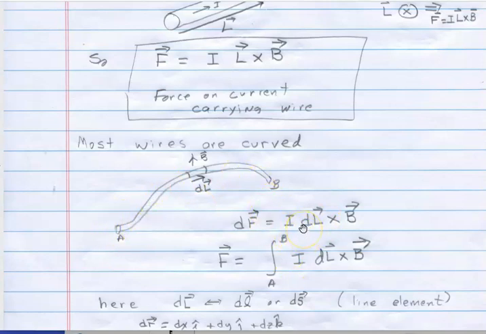And the current's the same everywhere. And the magnetic field, well, I'd have to take the magnetic field that exists at this point in dL, and that way we could also have a situation where the magnetic field varies all along here. And then to get the total force on this complete wire segment, I just have to add up all the dFs on all these little infinitesimal dLs all the way from the end.